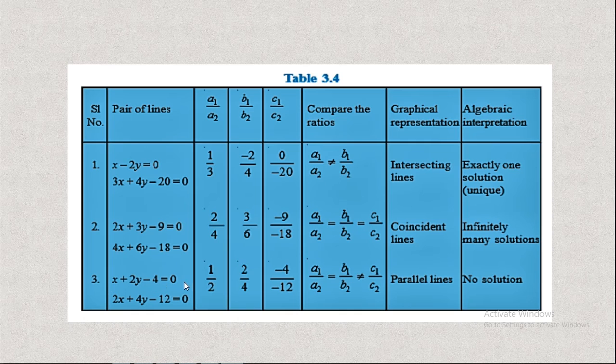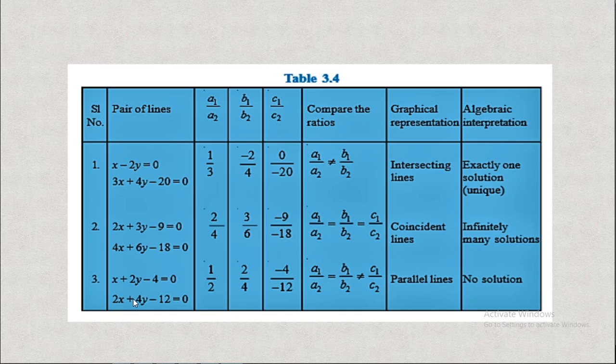Okay, and let's see the next example. x plus 2y minus 4 equal to 0, and 2x plus 4y minus 12 equal to 0. And let's see a1 by a2. a1 is the coefficient of x in the first linear equation, that is here 1, and a2 is the coefficient of x in the second linear equation, that is 2 here. So the ratio is 1 by 2.